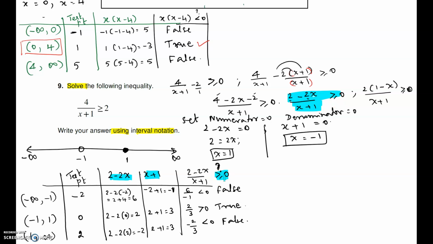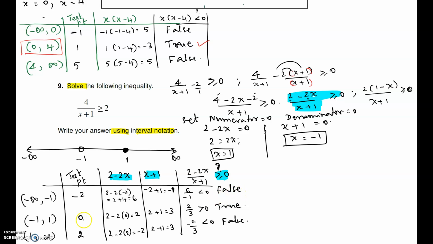So we plug this test point into 2 minus 2x, which gives us 6, and x plus 1 with x equal to -2 gives -1. Dividing 6 by -1 is obviously negative. In order for the inequality to be true, it should be positive, so here it is false.